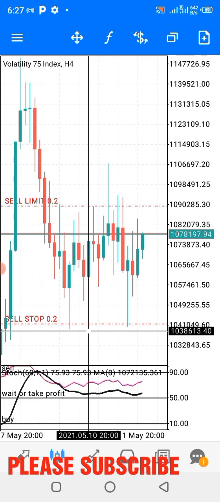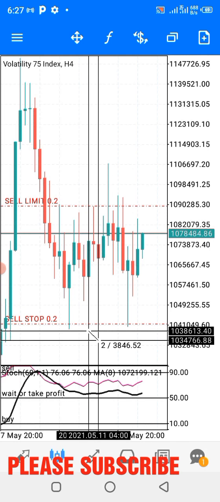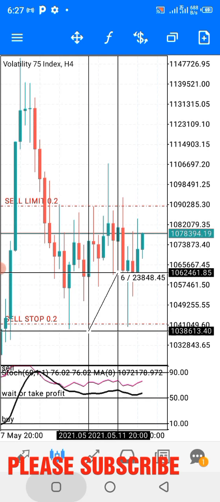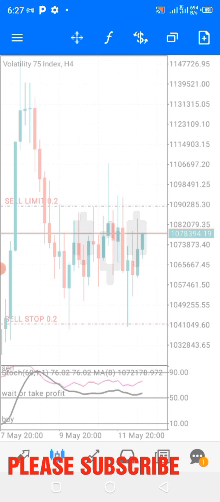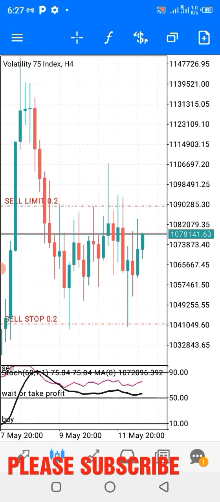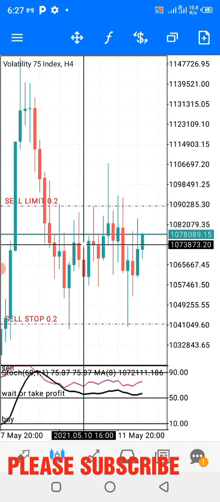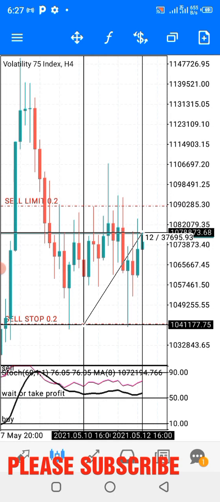So if I hold on the center here, I have to tap the current position. If you read that value, the first value is 12.